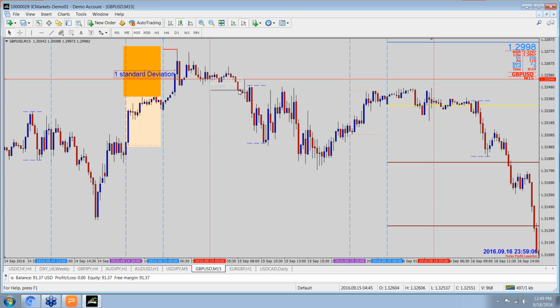Now, you're not always going to get a full confirmation of the London kill zone being above the manipulation, but what you can factor in here is that you already know that you've gone one standard deviation. So by factoring that in, you understand that, first of all, we're after the 5 GMT candle. We've gone one standard deviation.